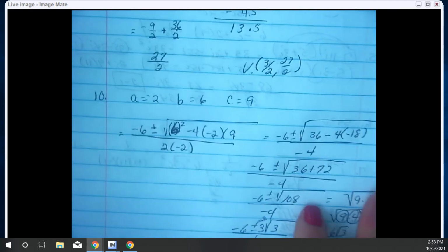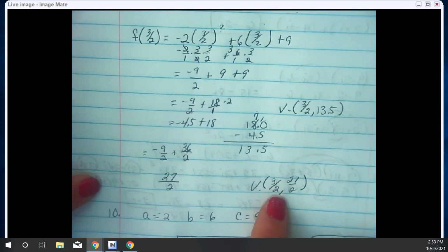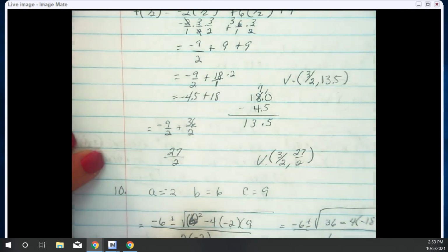On problem number 11, it says give the interval over which the answer is increasing and the interval over which it is decreasing. Now, in problem number 9, we found the vertex. So to write 11, it's going to be relatively easy.